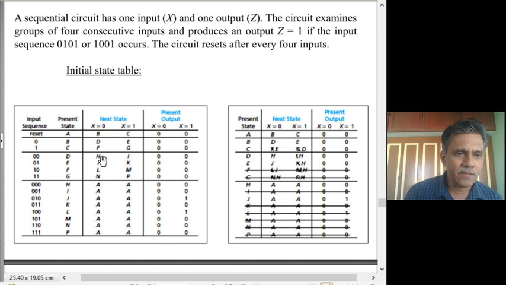So you arrived at H after receiving the bit pattern 0 0 0, and I after receiving the bit pattern 0 0 1. Similarly, L means it is 1 0 0, P means 1 1 1. So that is what we have indicated here.